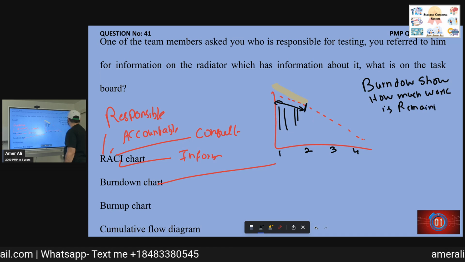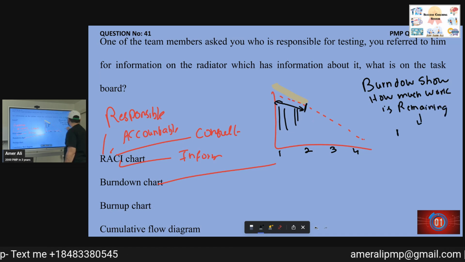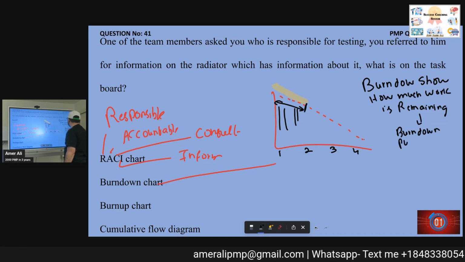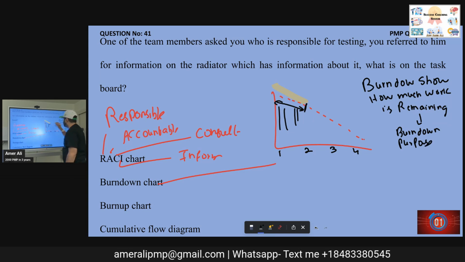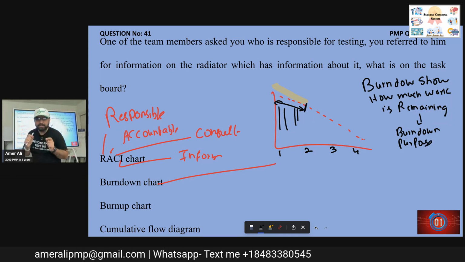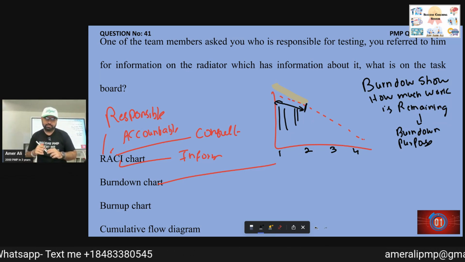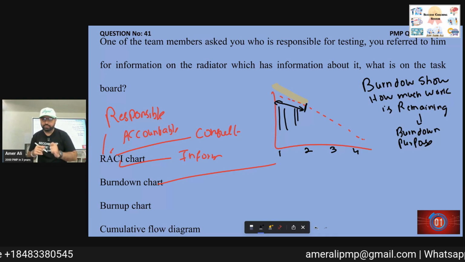This is the burn down purpose. But this area, the highlighted area, shows how much work has been completed.